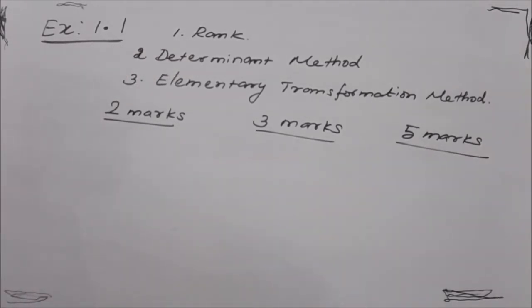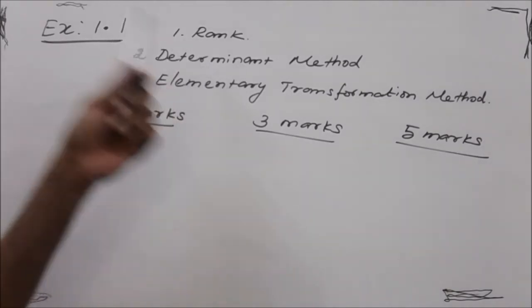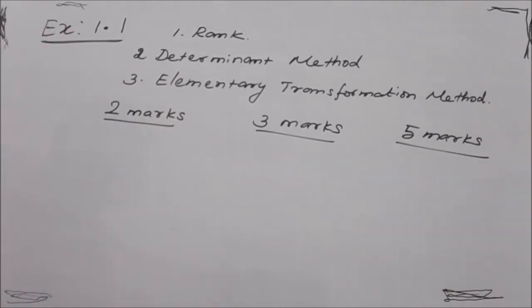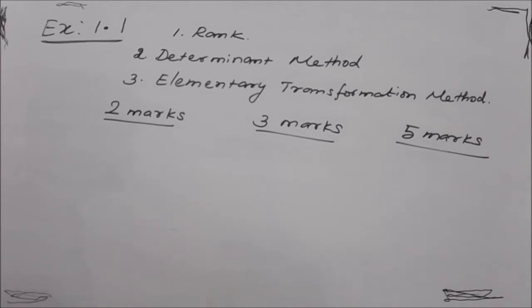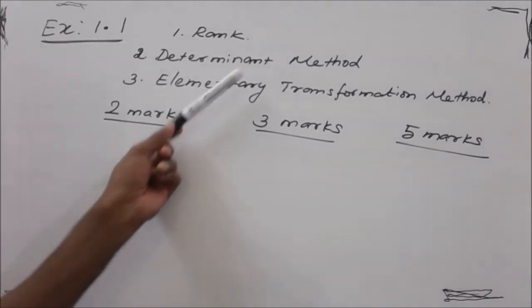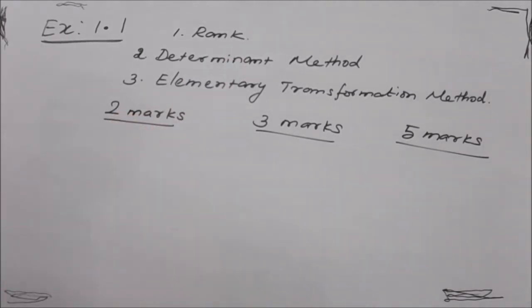Suppose they mention find the rank by determinant method, you should apply only the determinant method, otherwise they will not give marks to you. If they do not mention, you can use either method, whichever is familiar to you.